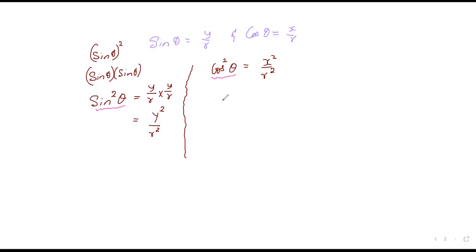That becomes cos squared theta plus sine squared theta. This will equal to, the cos is there, is x squared over r squared, and the sine is there, is y squared over r squared.